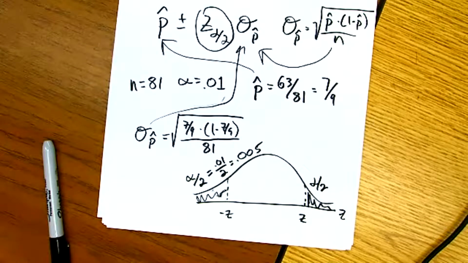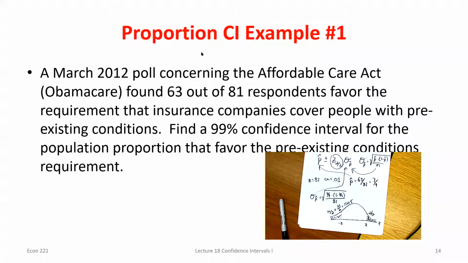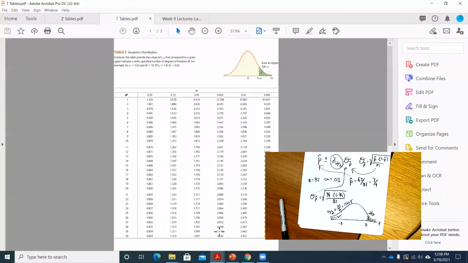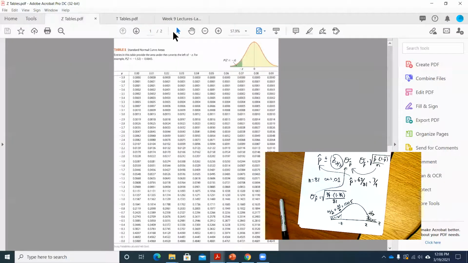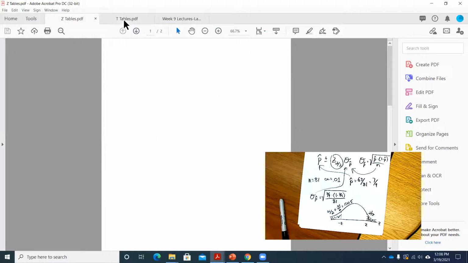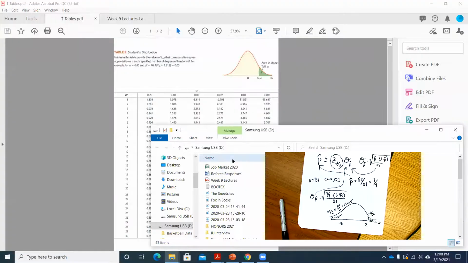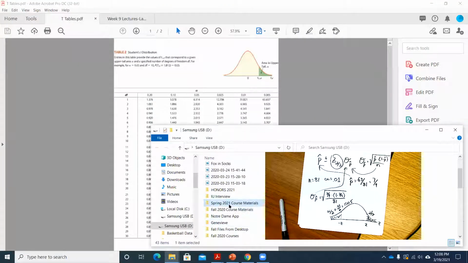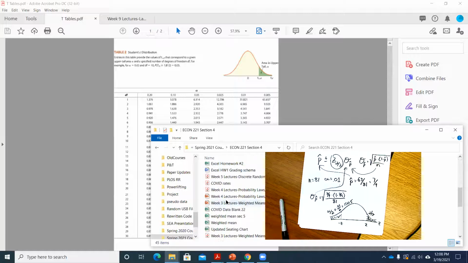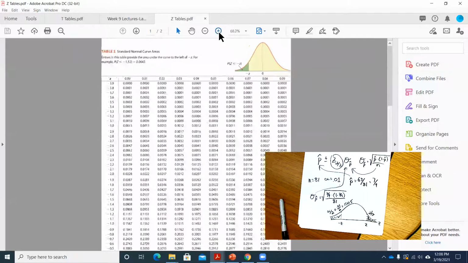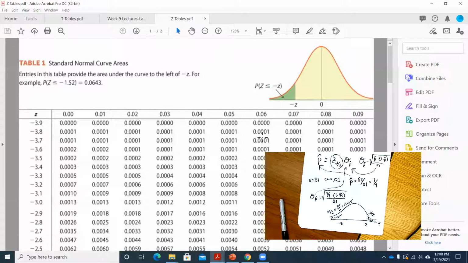Okay, and I'll leave this up here if you're still in this. A little small, but at least it's still there for a second. So we go to our tables. Oop, wrong table. Here's our z table. Oh, reopen that, apparently. Okay, so we go to our z table.